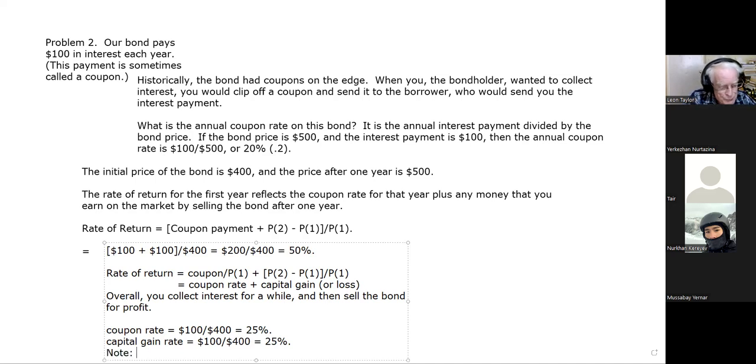So note that the overall rate of return is the sum of the coupon rate and the capital gain rate. In this case, it's 50%, or 25 plus 25.